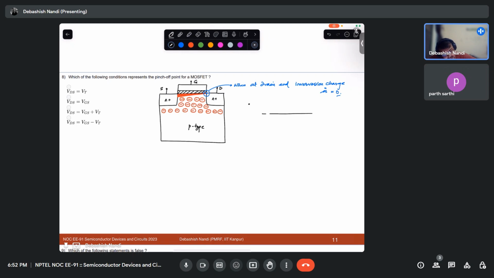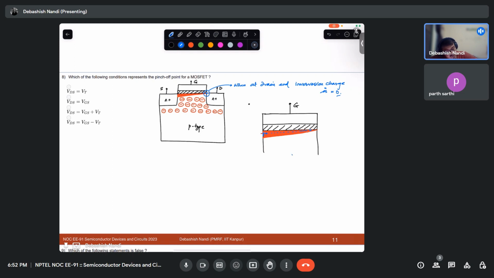Okay, just let me explain it. So this is your oxide, this is the gate, and this is the channel, right? The potential of the channel is varying.